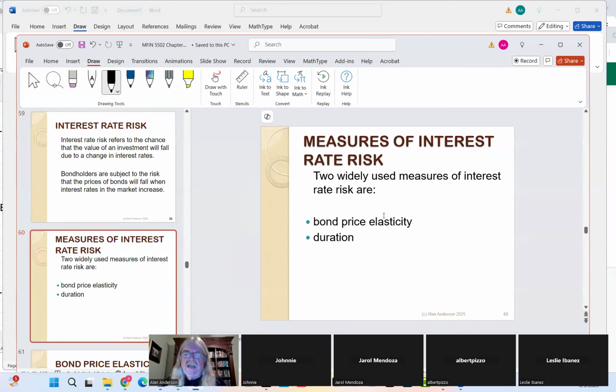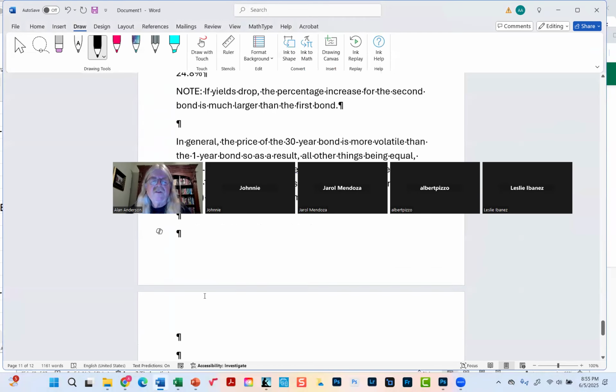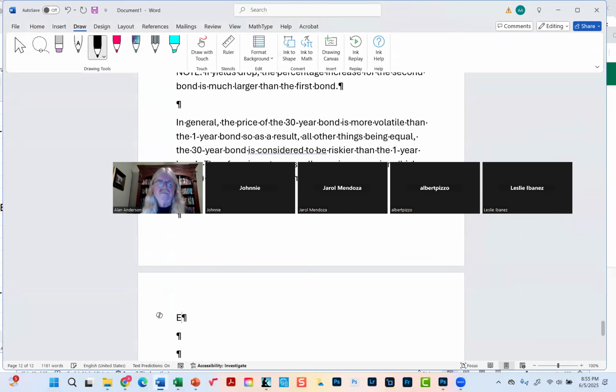All right. Now, speak of the devil, here are the measures I was about to mention: bond price elasticity and duration. Now, just as a side note, the word elasticity in economics refers to how sensitive one variable is to changes in another.